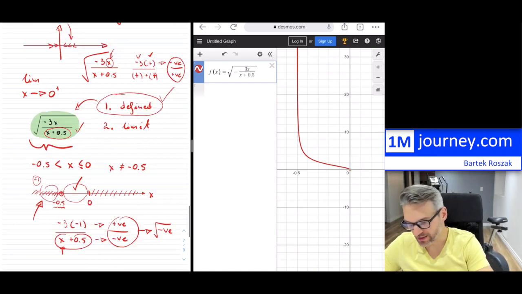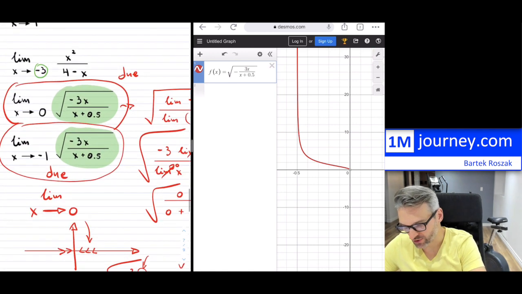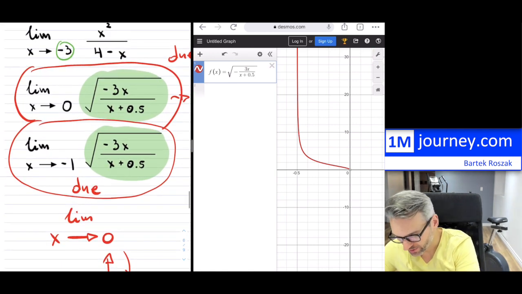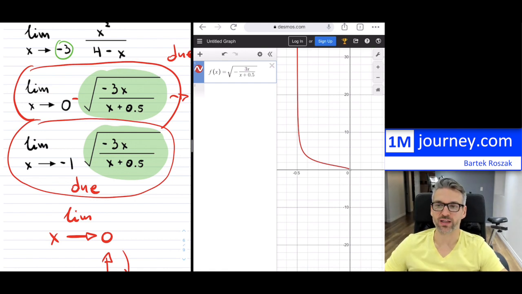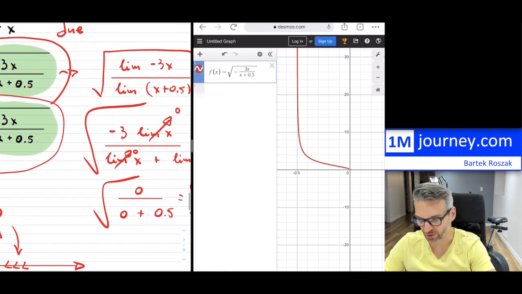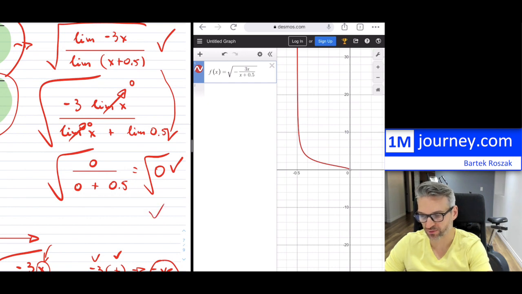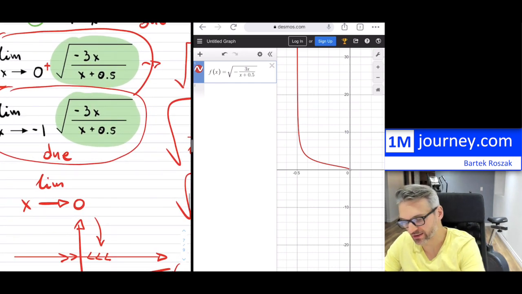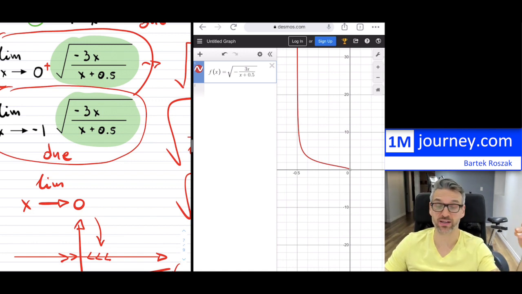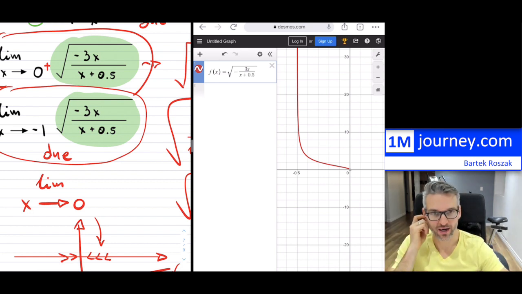For instance, if they asked, what's the limit from the left? Well, the limit from the left is 0. Then indeed you can apply this and this will work from the left-hand side. But the limit from the right-hand side does not exist because the function is not even defined on the right-hand side. And therefore the entire limit does not exist.